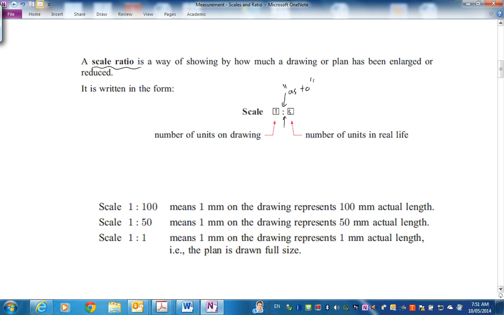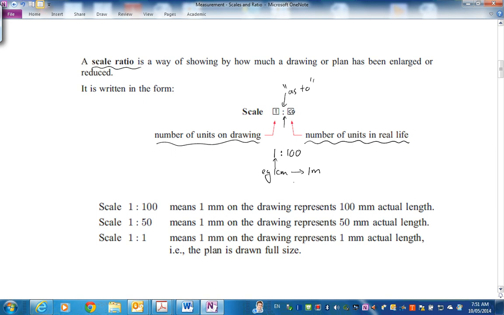1:50, let's say, means 1 unit on the drawing represents 50 times as big in real life. 1:50, we say. 1:100. If you measure 1 centimetre, that's equivalent to 100 centimetres, or 1 metre's worth in real life.